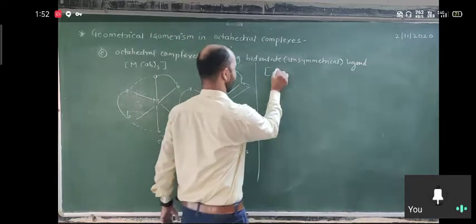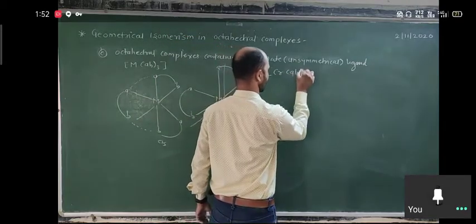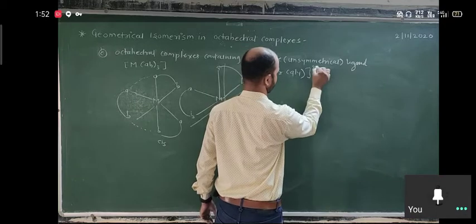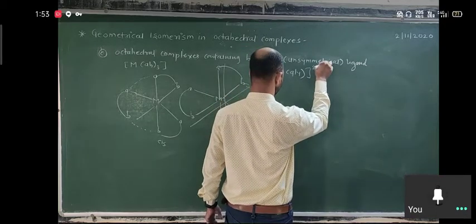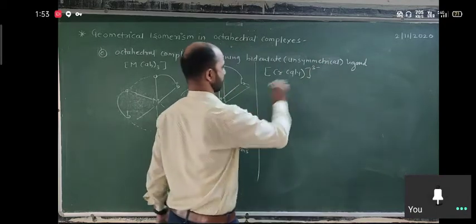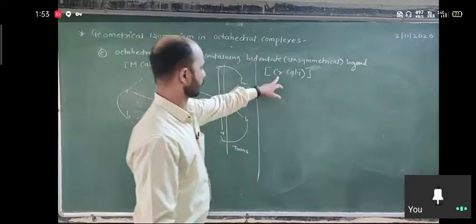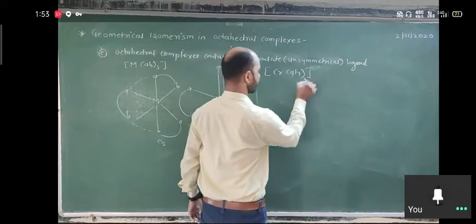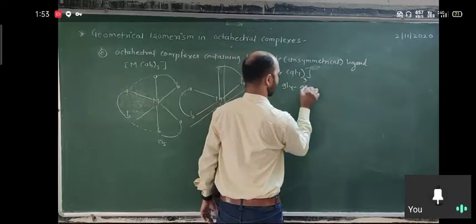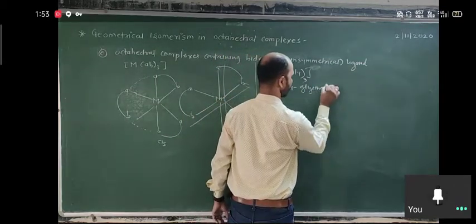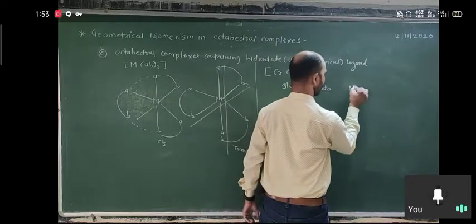Cr(gly)3. Gly means glycinato, and you know the structure of glycinato.